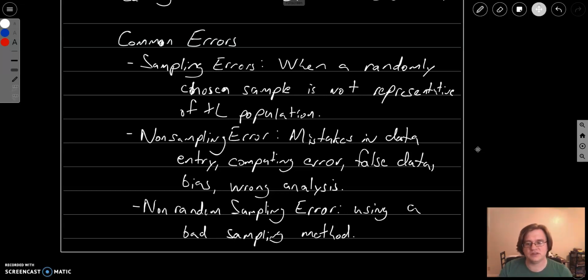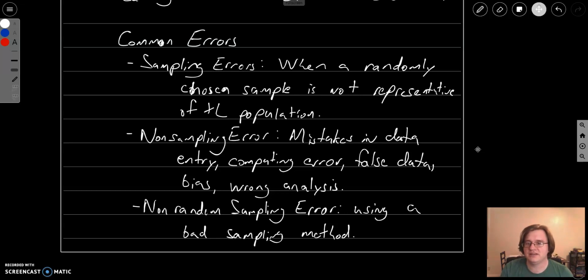And then the last one, the non-random sampling error versus the sampling error. Sampling error is when the sample was chosen randomly, but just happened to be unlucky, and you got a bad sample. A non-random sampling error is when your sampling method was bad. For instance, the convenience sampling method, where you just choose the easiest sample that you can choose.